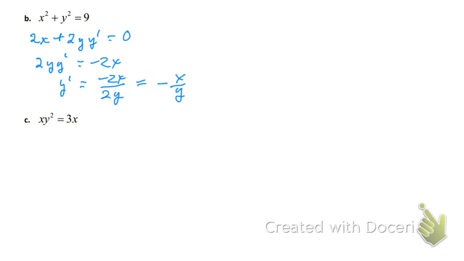So the derivative of this whole thing with respect to x is negative x over y, whatever y is. We just know it's a function of x. That's all we know. Now that one, could I have solved for y?